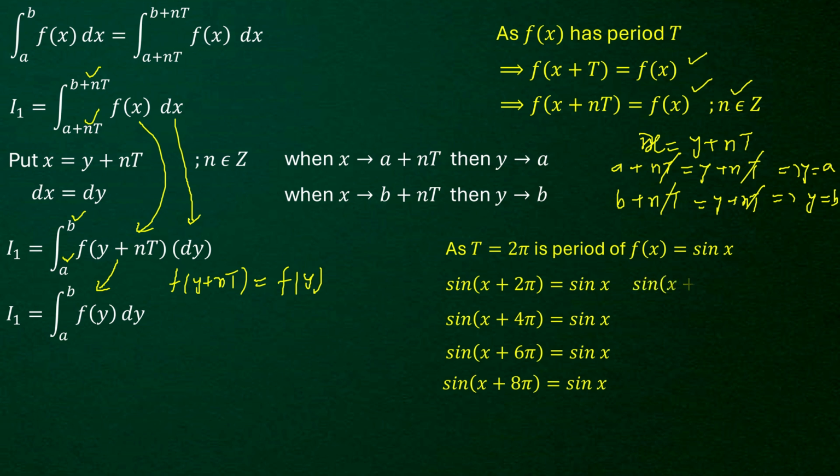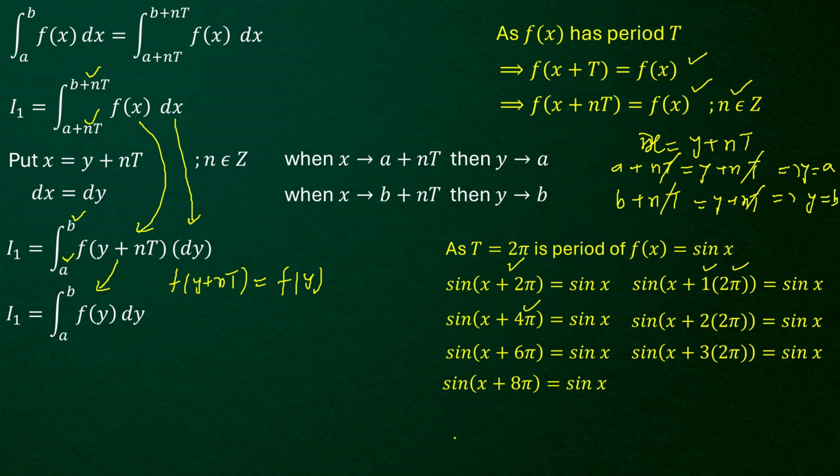We can write sine of x plus 2 pi as sine of x plus 1 into 2 pi. Likewise, 4 pi can be written as sine of x plus 2 into 2 pi.